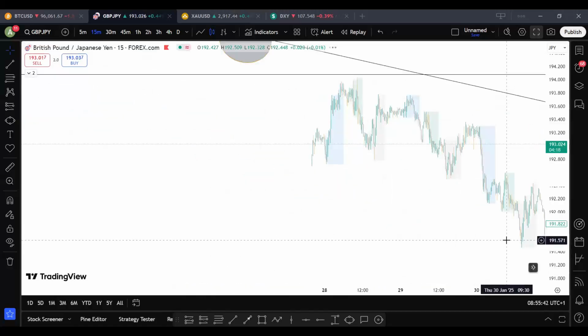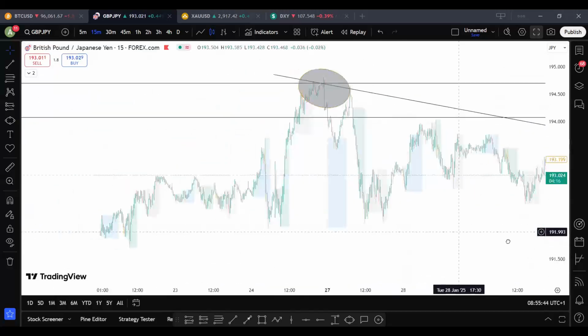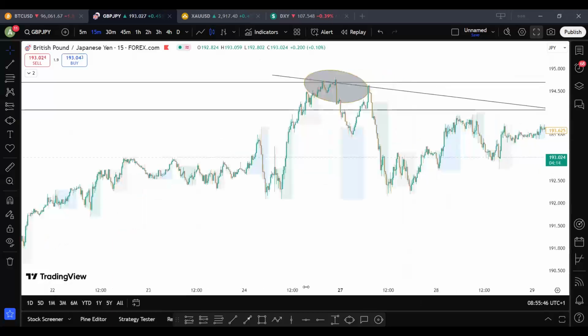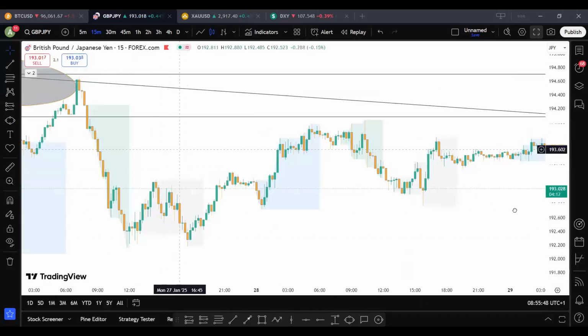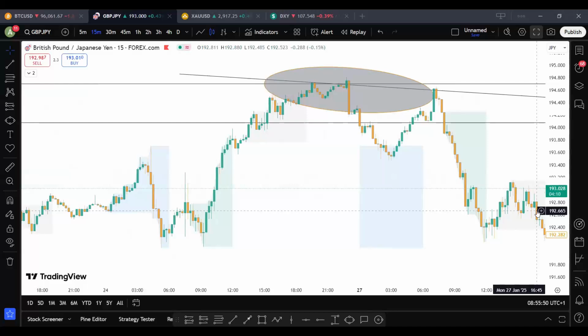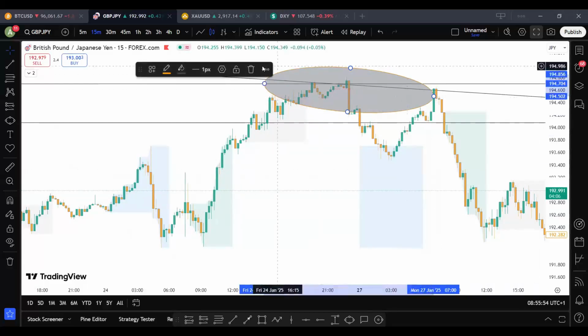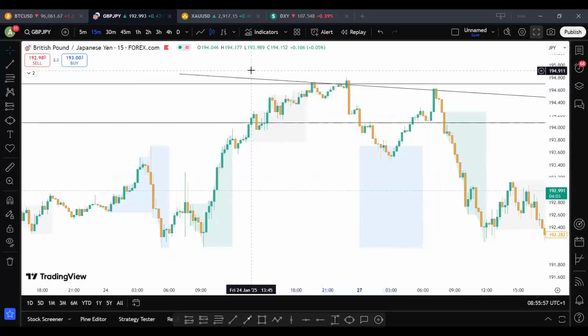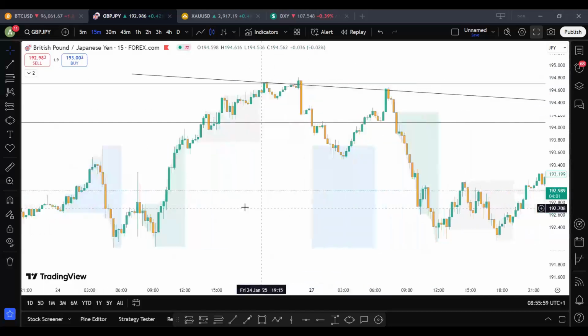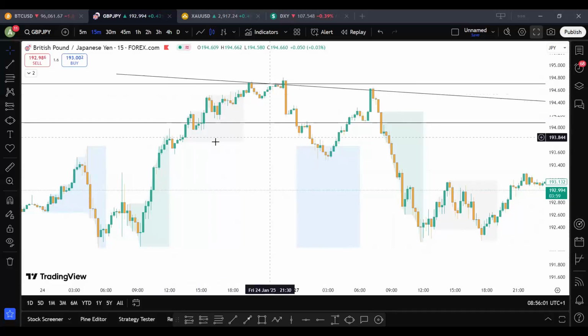Okay. So market will want to manipulate us sometimes. So this is the zone.